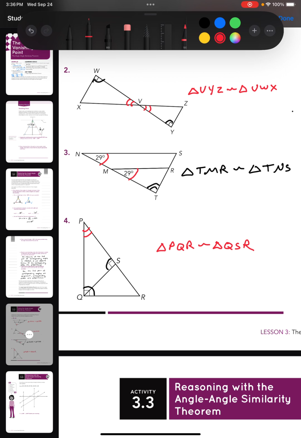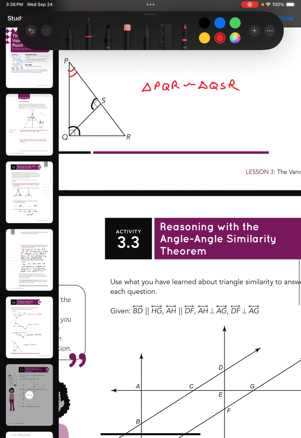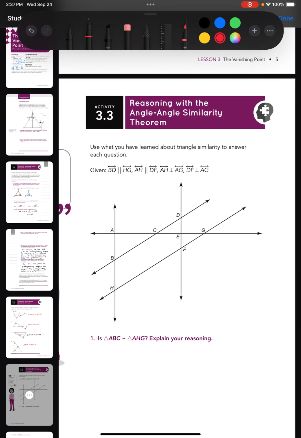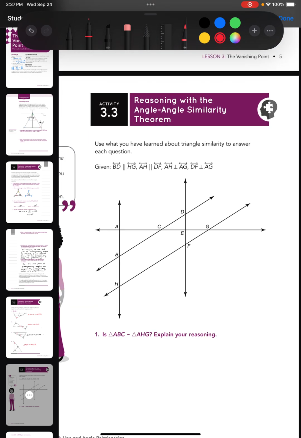All right, activity 3.3 on our next page says use what we've learned about triangle similarity to answer each question. All right, so we got a bunch of lines drawn here, which shows that BD is parallel to HG.